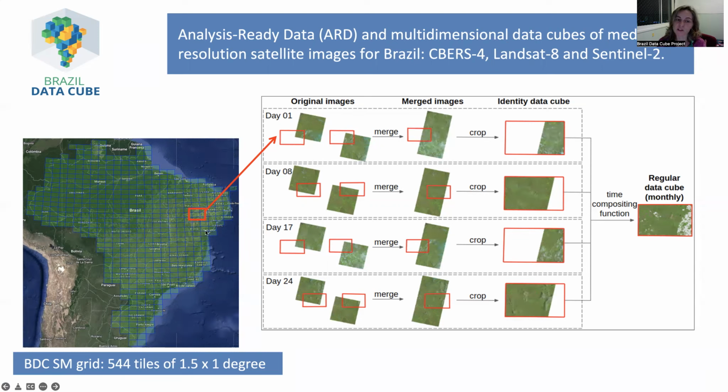For each tile of this grid, and each time interval, we selected all images that intersect this tile. So we merge and crop these images by tile, and so we produce these data cubes.